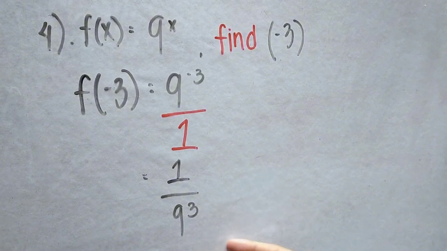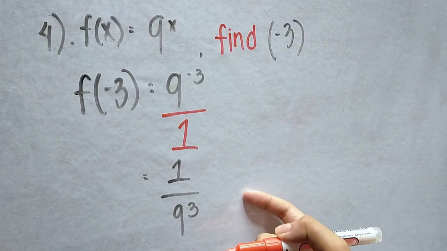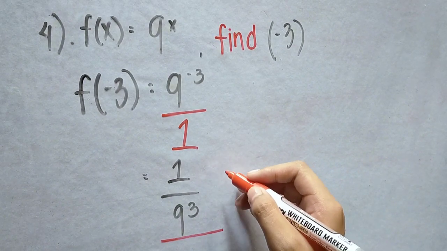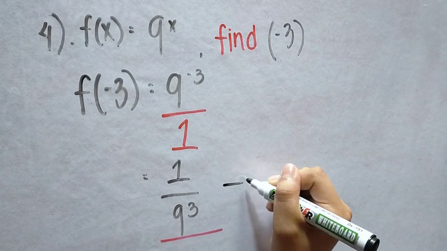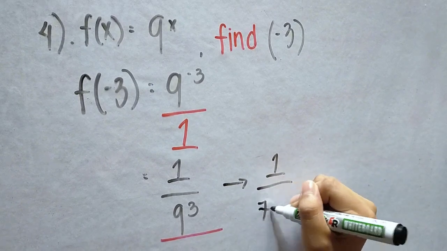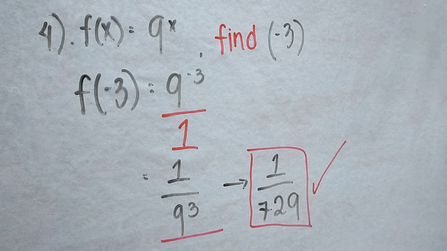Ngayong ganito na yung itsura niya, it is already 1 over 9 raised to 3 and pwede na natin isolve to kasi hindi na negative yung exponent niya. So our answer will be 1 over 729. We survived another example, so let's not wait and move on to number 5.